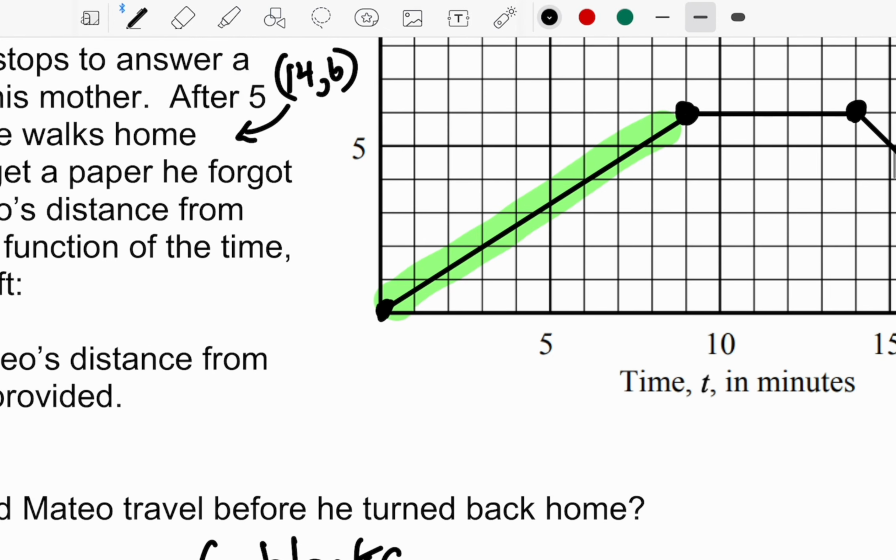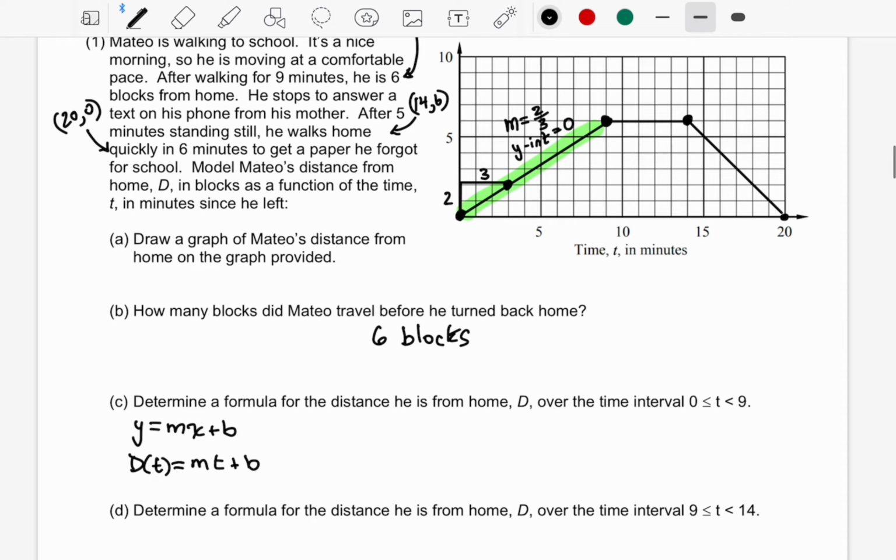We have a clean point at the origin. The next clean point seems to be right here. So that gives me a rise over run of 2 over 3. So my slope is 2/3. My y-intercept is 0.